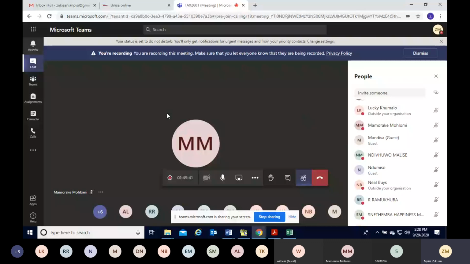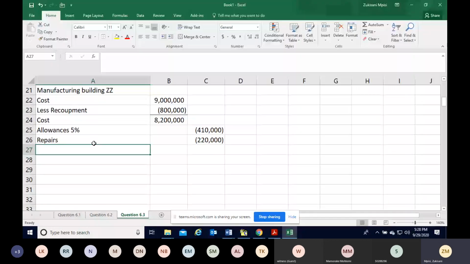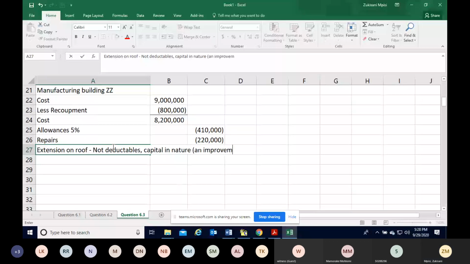So for your marks, please do not forget this. The extension on the roof is not deductible because it's capital in nature. It's an improvement. Please don't forget this. This is marks.